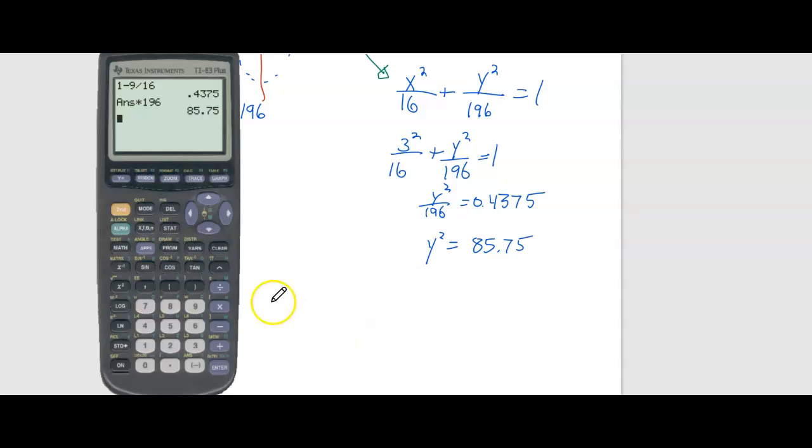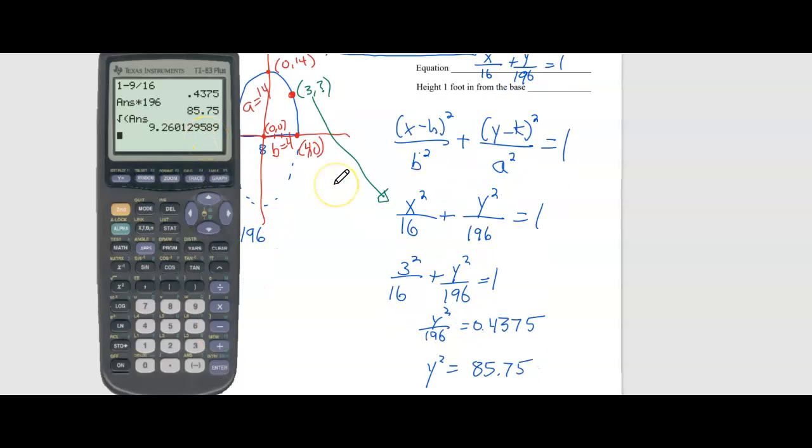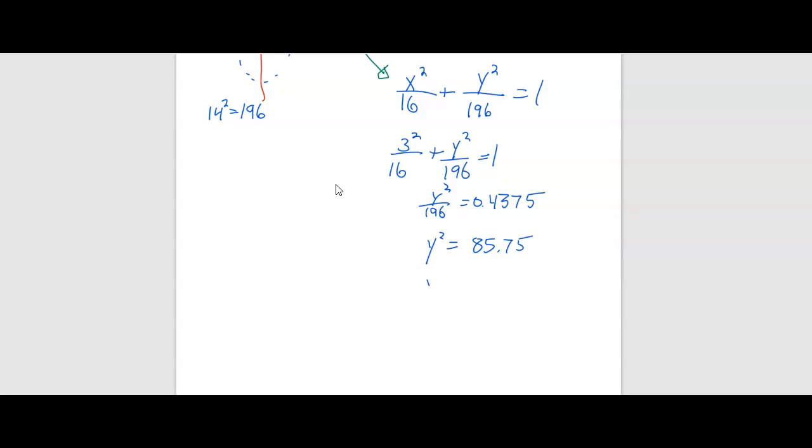And then we can square root that. Square root the answer, and our answer would be plus or minus 9.26. This is now approximate.